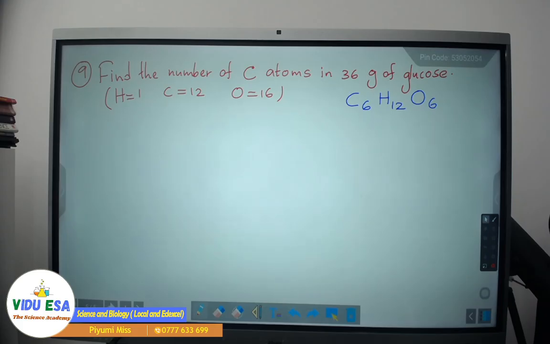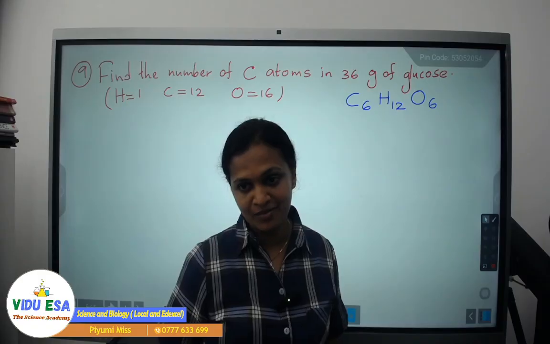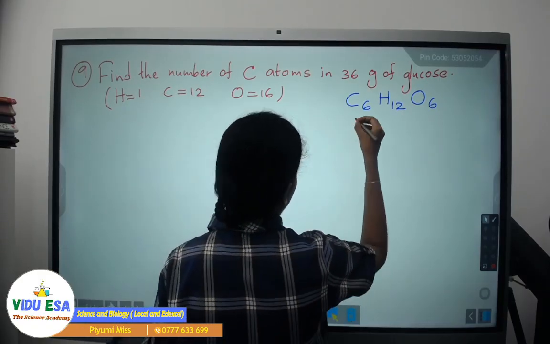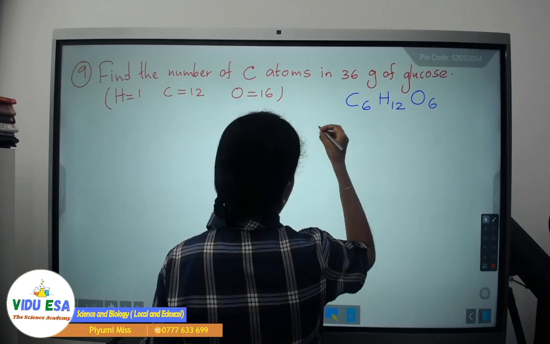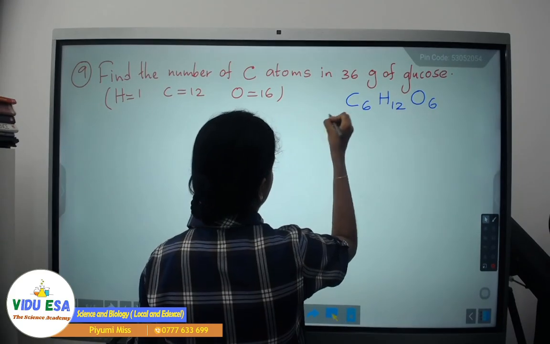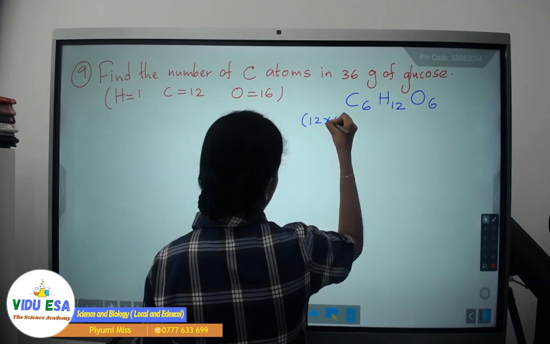Okay. So, number of carbon atoms in 36 grams of glucose, right? We have to find the relative molecular mass of glucose first. So, C6 is 12 into 6, right?